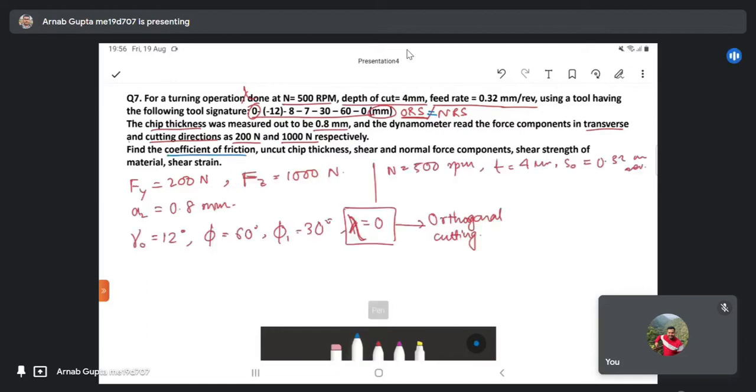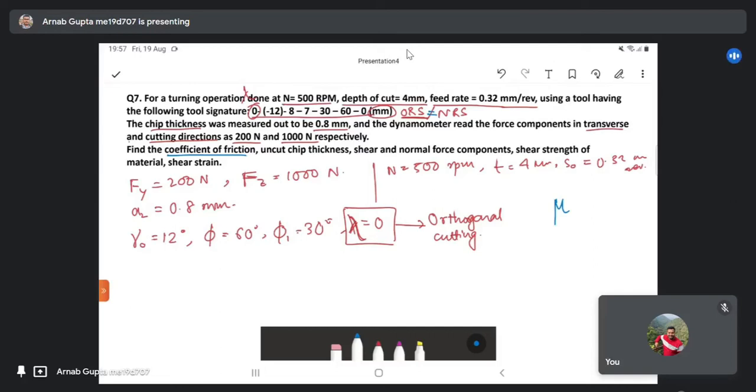To find out the coefficient of friction, we can apply Lee-Shaffer's equation or Ernst-Merchant's equation to calculate the shear angle first. From that shear angle, you can apply Lee-Shaffer's equation, calculate the friction angle, and from that you can get mu.